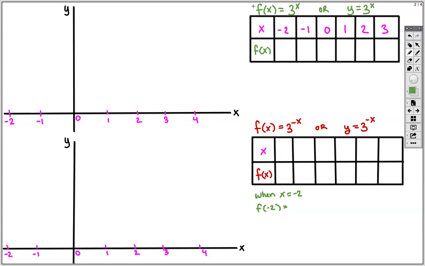And what is f defined as? Well, up here it's defined as 3 to the x. So it's going to be 3 to the negative 2, and we know that we can write that as 1 over 3 to the 2, and that's going to be 1 over 9. So when x is negative 2, f of x is 1 over 9.